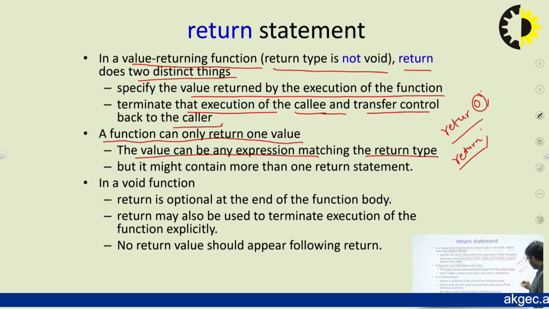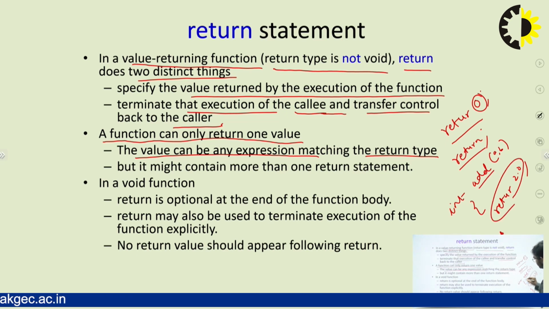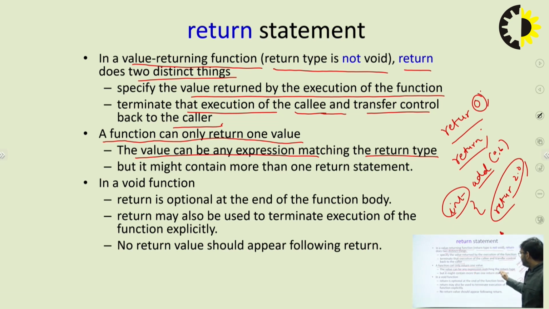If we write int add(a, b) and I write return 2.0, it will create an error because we are returning a float value, but the function should return an integer type value. It means the value can be any expression matching the return type, but the function might contain more than one return statement. It means a called function can contain more than one return statement.